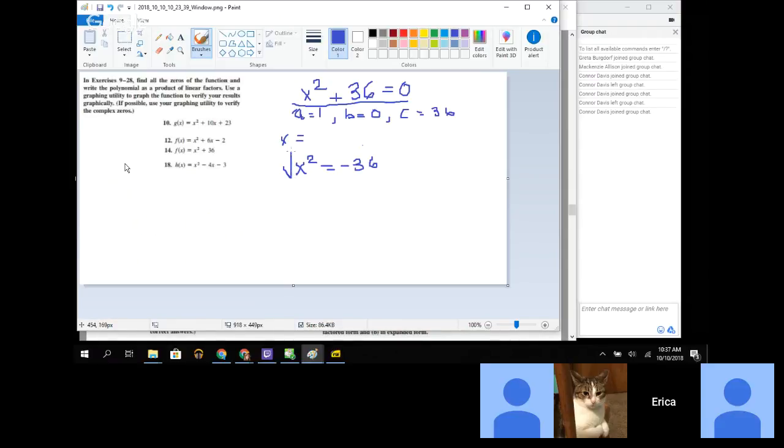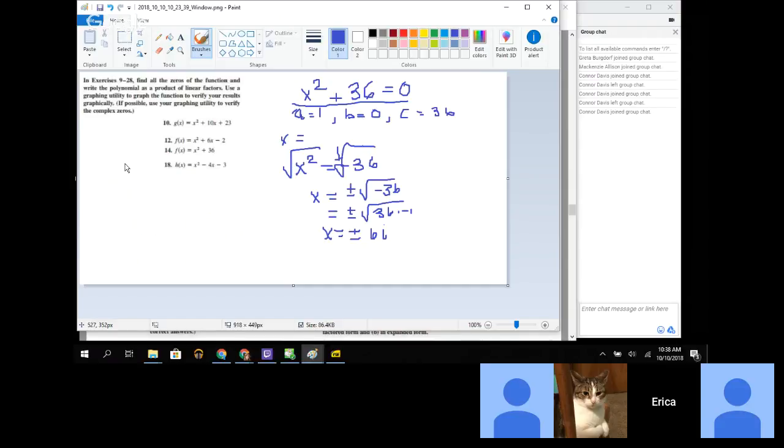And then take the square root of both sides, plus or minus, of course, and you get that x equals plus or minus the square root of negative 36, which is equal to plus or minus the square root of 36 times the square root of negative 1, which equals plus or minus 6i. Right? That's another way that we could figure that out.